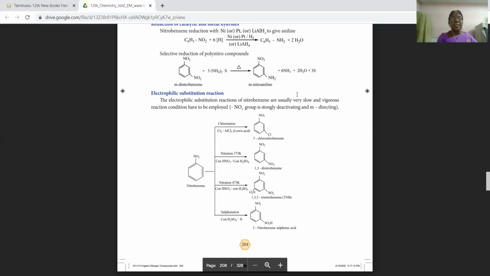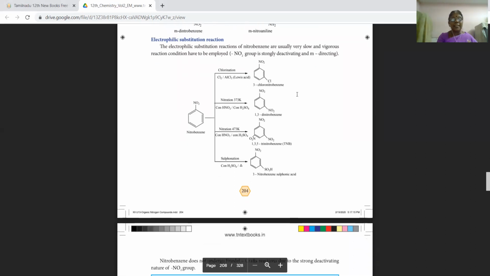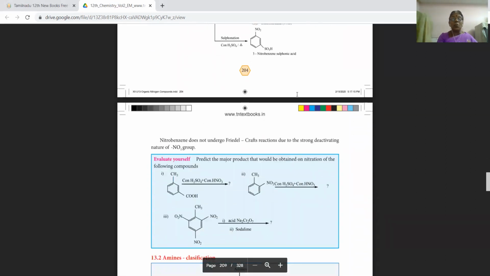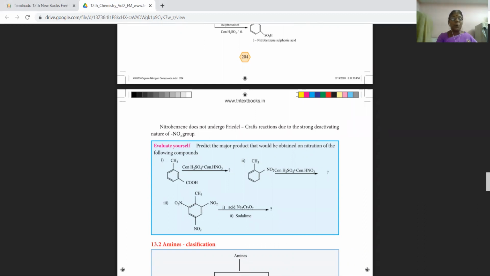The same nitration taking place in concentrated nitric acid and sulfuric acid, you will get 1,3,5-trinitrobenzene, that is called TNB. And on sulfonation, you will get meta-nitrobenzenesulfonic acid. Okay. Next, nitrobenzene does not undergo Friedel-Crafts reaction due to the strong deactivating nature of the nitro group.